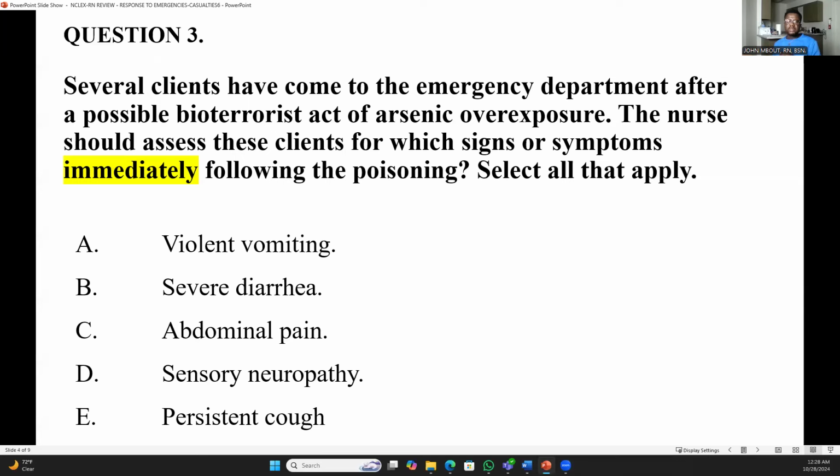So what is forensic study? You might have seen some questions, and as a nurse, there are things you have to do. Okay, so forensic study is collection of specimen for evidence in a crime scene, right? Like exposure to blood, arsenic, like what we've said, body fluid, carbon monoxide. Your role is to make sure that this specimen is preserved for evidence.